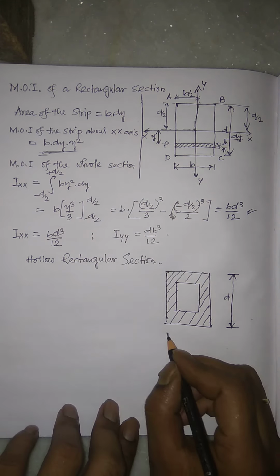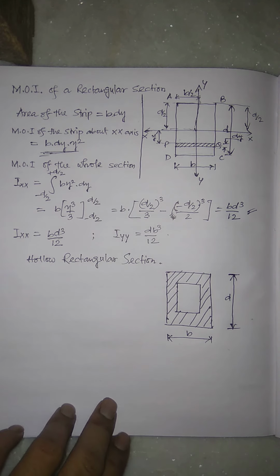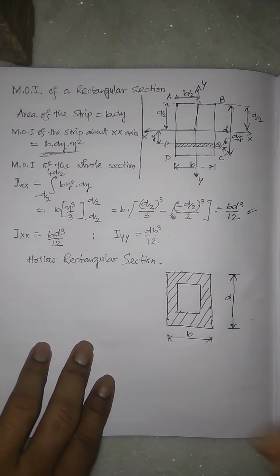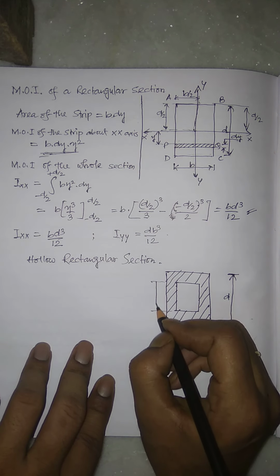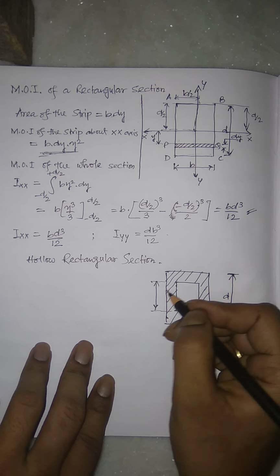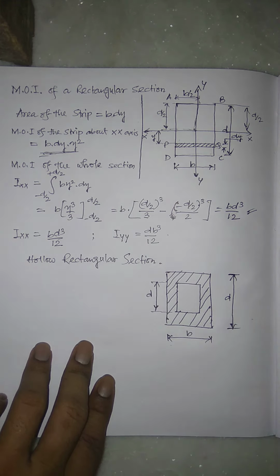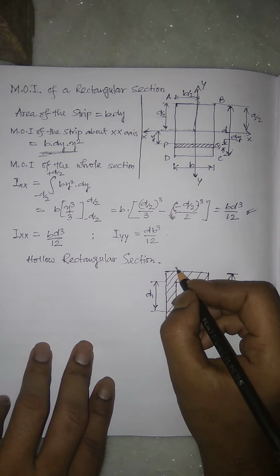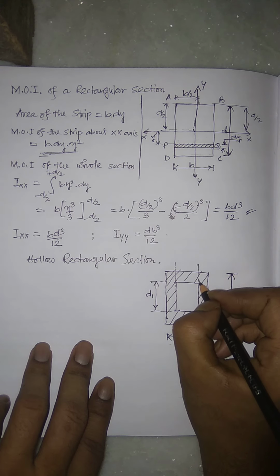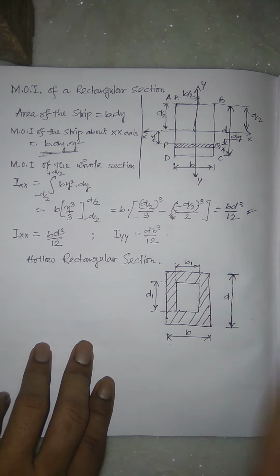This is the depth D, this is the width B, and this is also a depth, denoted by d1, and the width, denoted by b1.